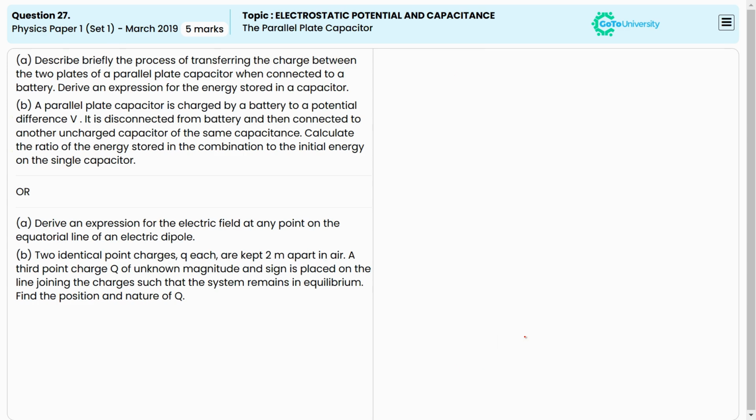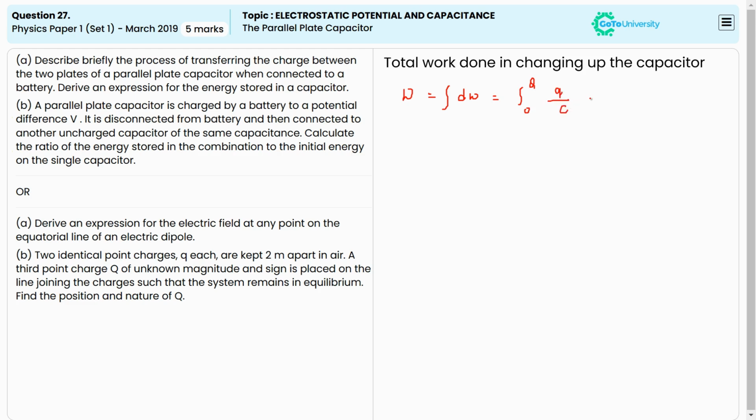Then the total work done in charging up the capacitor is given by W is equal to integration of dW, that is integration from 0 to Q of Q divided by C with respect to dQ.